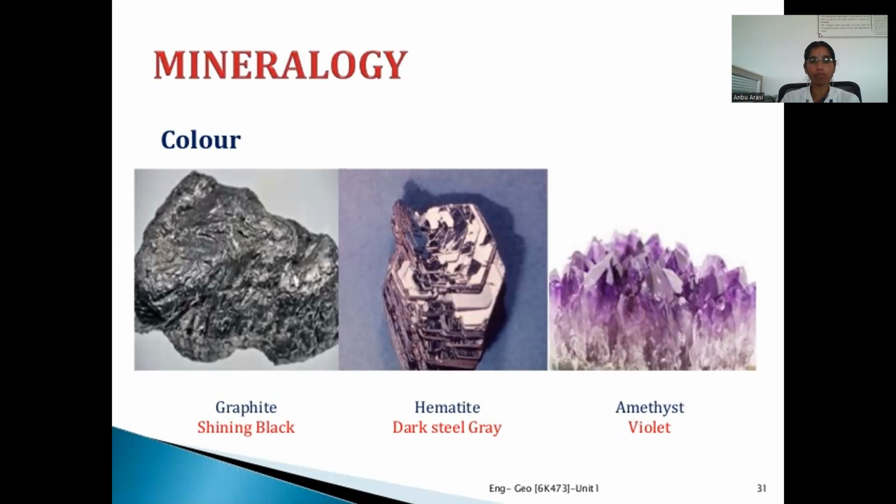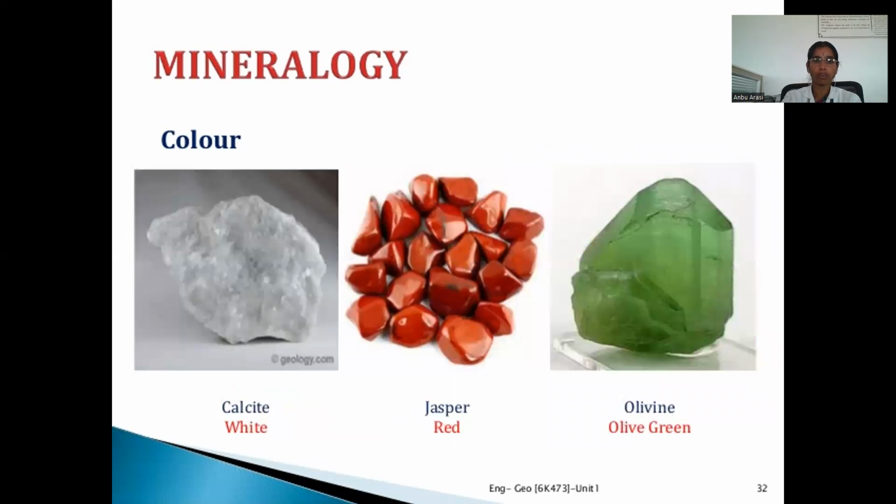These are examples of color. For example, graphite is a shining black color and hematite is a dark steel gray color. Amethyst is a violet color. Calcite is white. Jasper is red. Olivine is green. Idiochromatic: minerals showing a single and constant color.